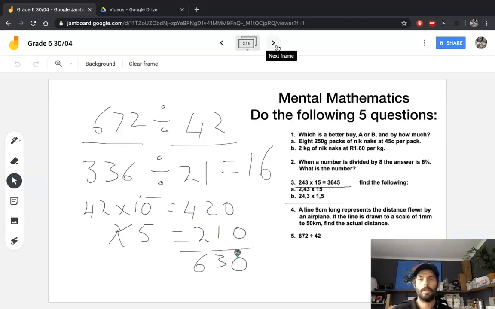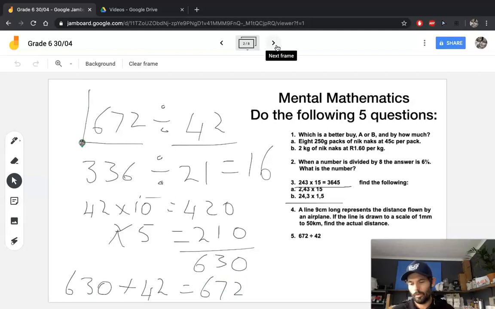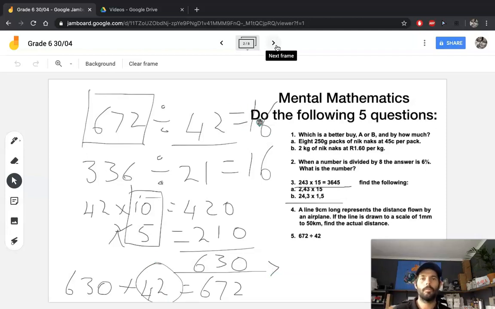Okay, 630, I can recognize that I need to add one more group of 42 to get to 672. So if I look, 42 times 15 gives me 630, plus the additional group of 42, and that also equals 16. Apologies that I'm overlapping there. So both ways it would have given you an answer of 16.